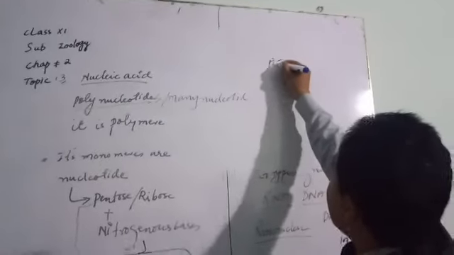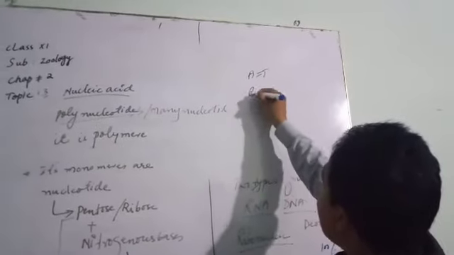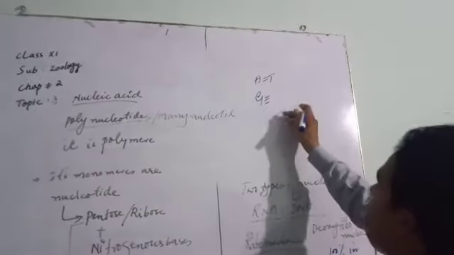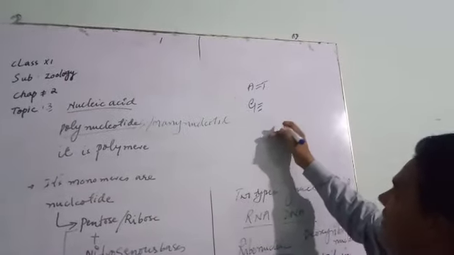In the DNA, adenine always forms a bond with thymine. Guanine always binds with cytosine with a triple bond.